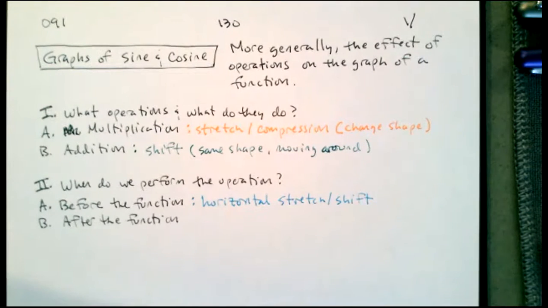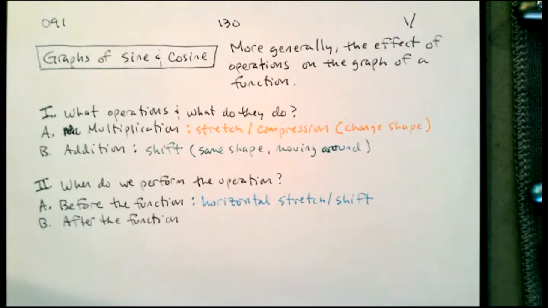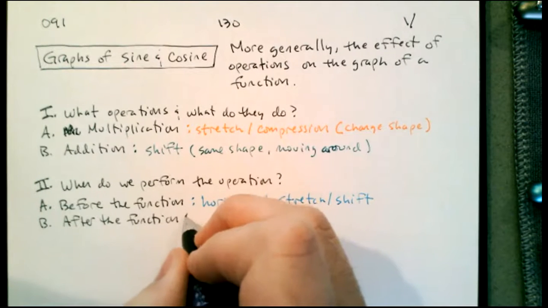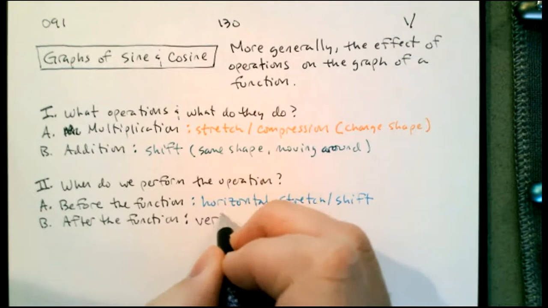So when we do things before, we get a horizontal change. If the multiplication or addition takes place after the function, then we'll have some vertical change.